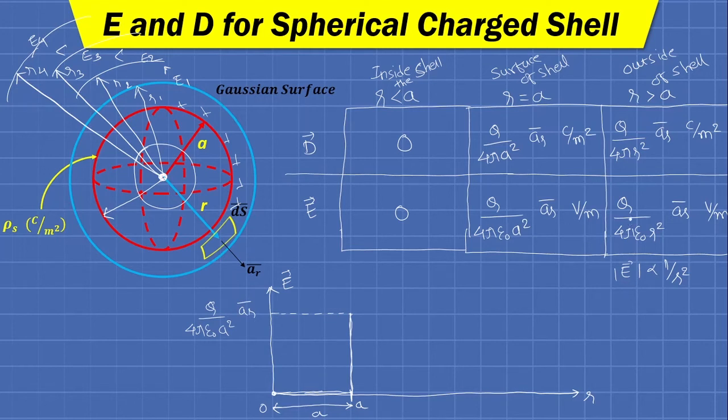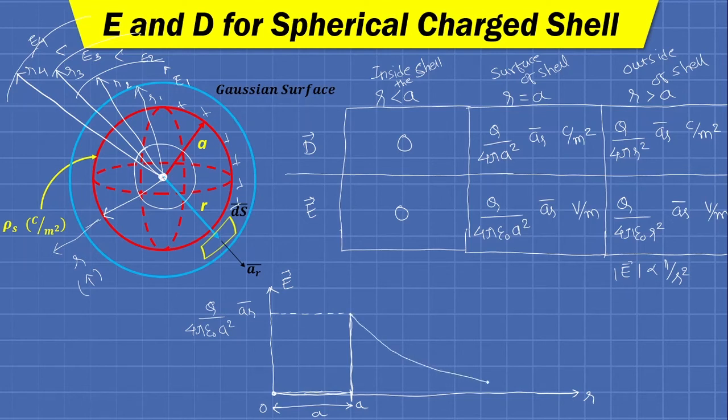And now if we move away from the surface, in the direction in which r is increasing, then our intensity is going to decrease in inverse proportion to r square.